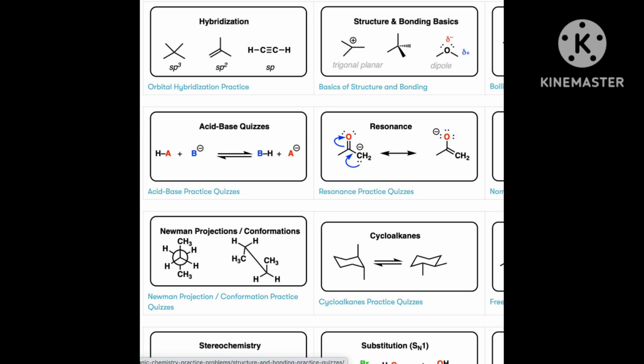But now we are talking here only for one molecule, not for 1 mole. 1 mole means Avogadro number, 6.02 into 10 to the power 23 molecules.